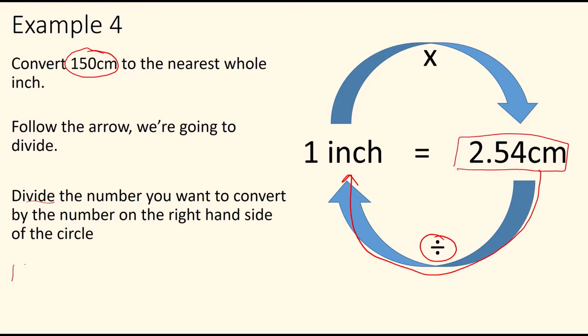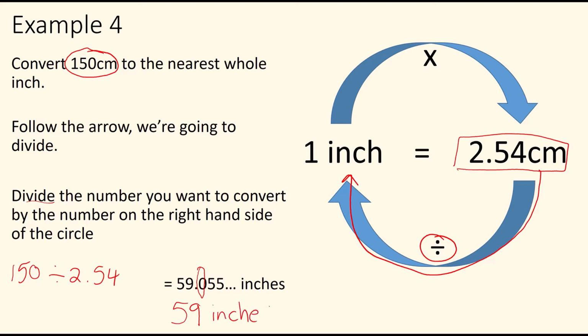So it's 150 divided by 2.54, and that will give you 59.055 inches. We're rounding to the nearest whole number, so we don't want this decimal point. The first place value after the decimal point is a 0, so that's quite handy because that's then going to tell us that it's nearer to 59 than it is 60. So the nearest whole inch is actually 59. And that's your final answer.